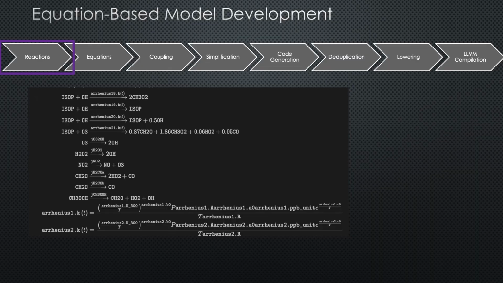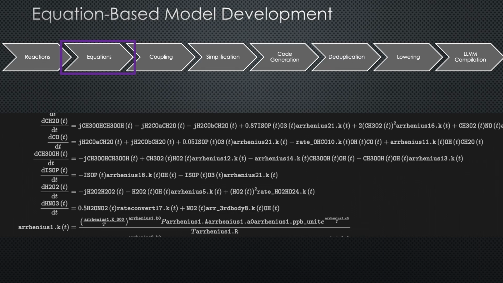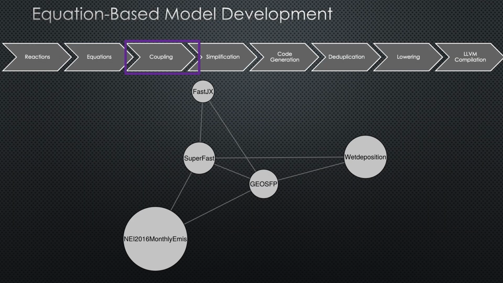A scientist developing a model would write down reaction systems, for example, that would go into the model, and systems of equations that would go into other components. And then information about how the different components would be coupled together by setting different variables in different component systems equal to each other. That's what a human would do in this case.